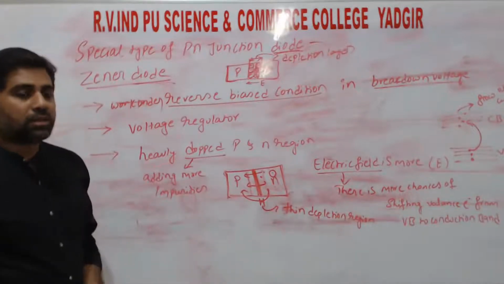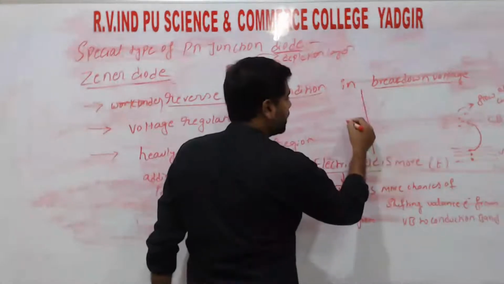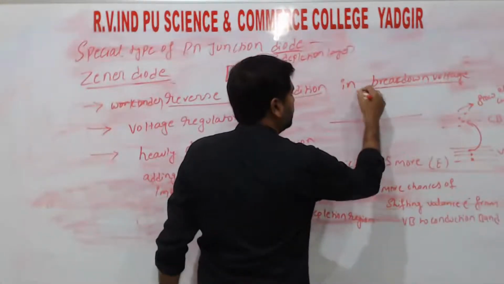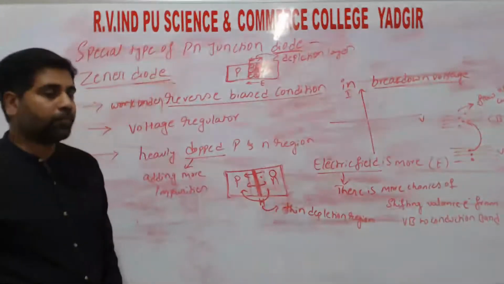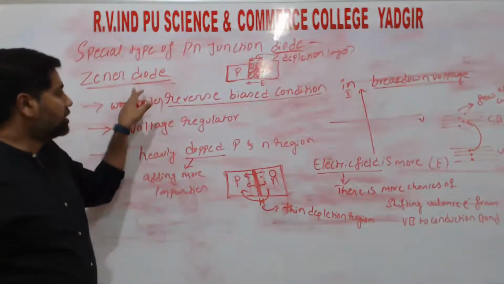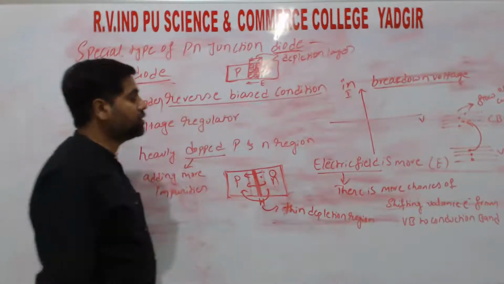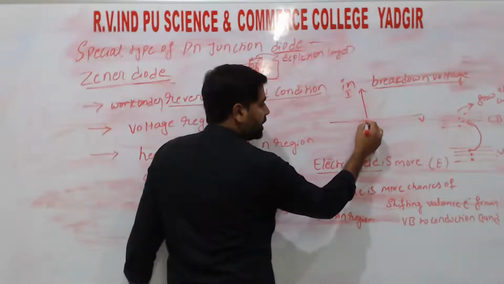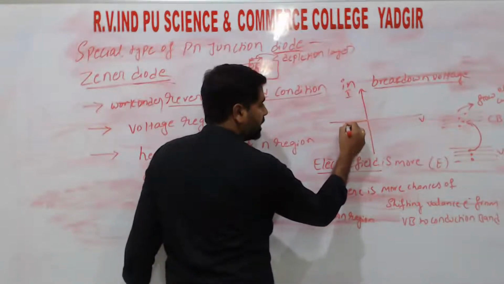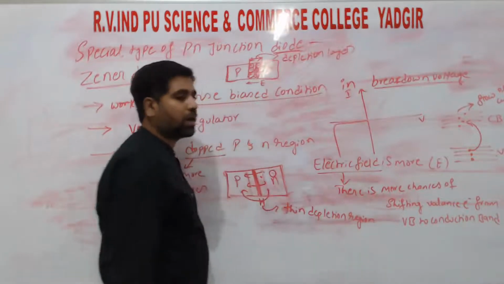Right, so if you plot the graph, that is the IV characteristics for the Zener diode, this one is I and this one is V. As the Zener diode works only under the reverse biased condition, as we apply the reverse voltage, initially it has very little current. At a particular voltage, we get the maximum current.